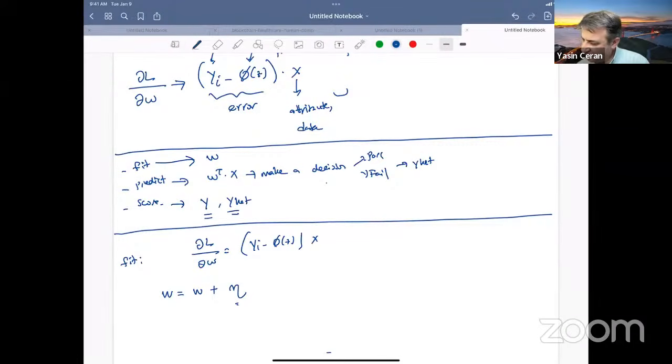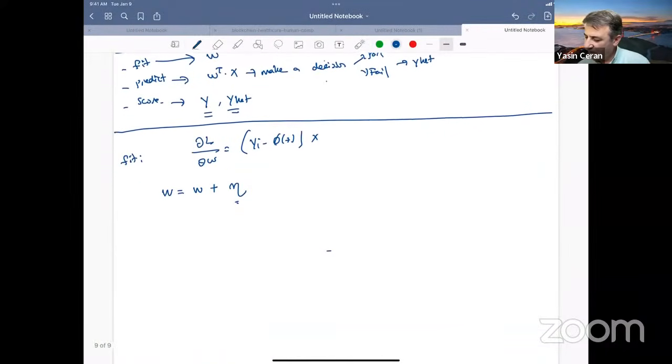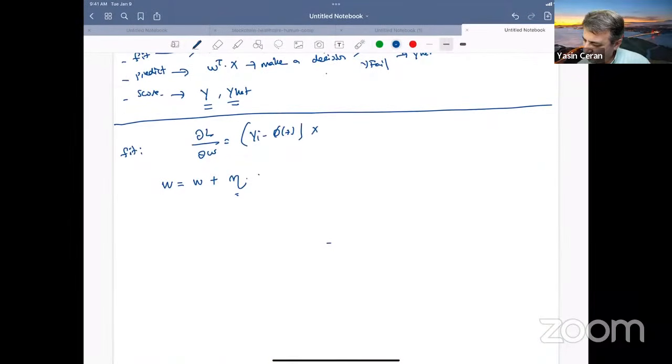That step size eta is this. If the step size is big, there's a danger that I'm going to step over the optimum point. If the step size is small, it's going to take forever to get to the optimum point. So I need to be careful about how big the steps are. Some eta times this derivative.